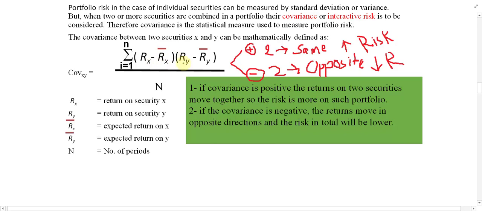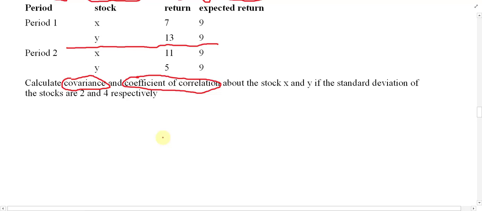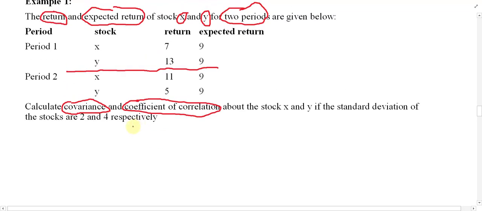Next column for Y, next column for Y bar, next column for deduction, and the next column for multiplication of these two. So totally 7 columns, and 1 column is required for the period. So 8 columns are needed.